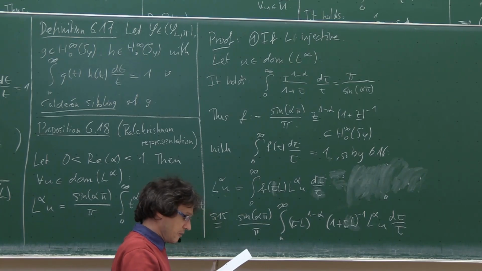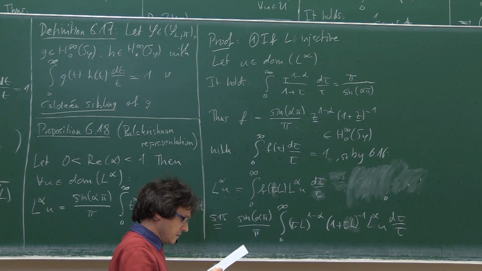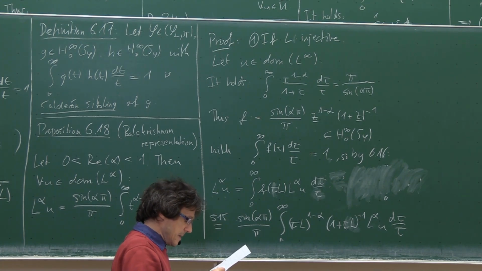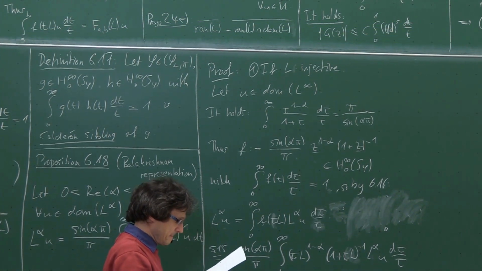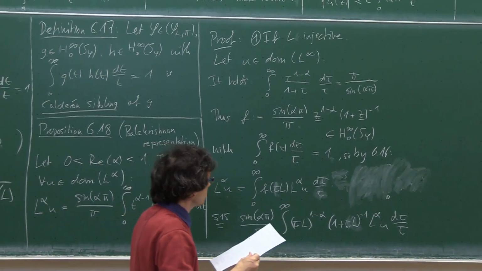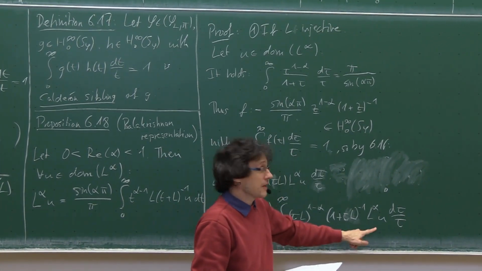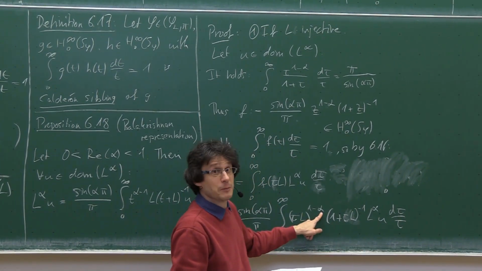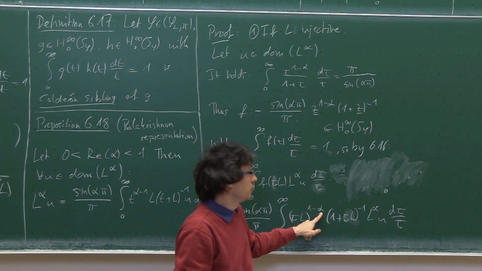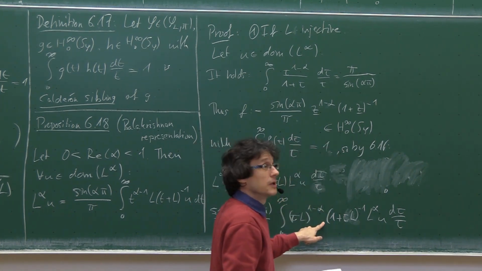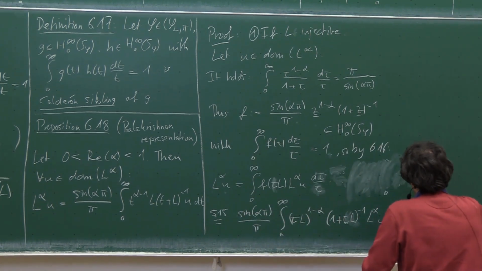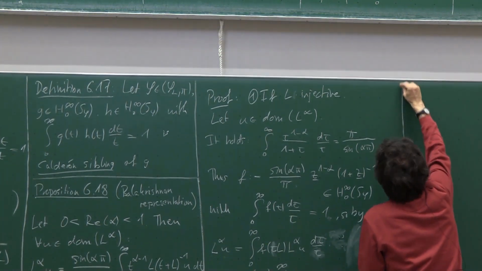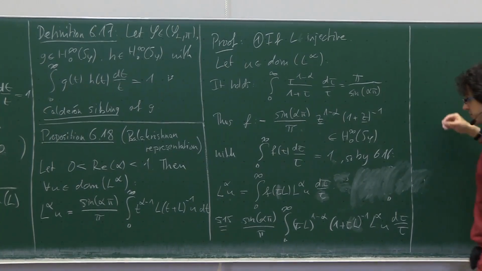Okay, now you can have an L to the alpha here, you have an L to the 1 minus alpha here. These commute. So we know how to compose these operators, these fractional powers.